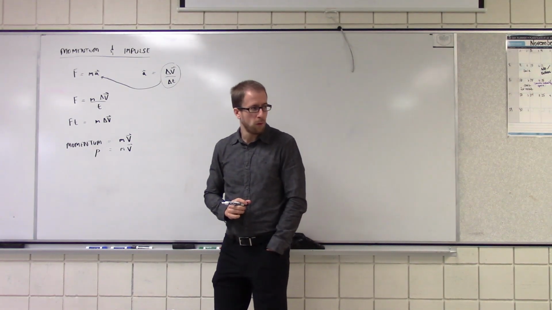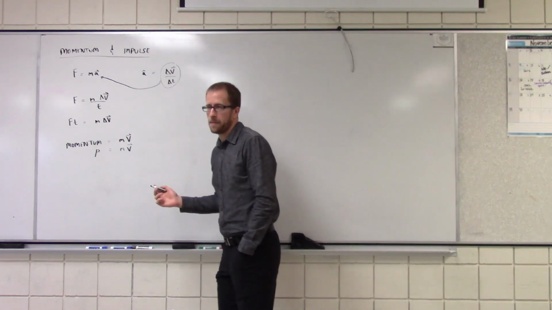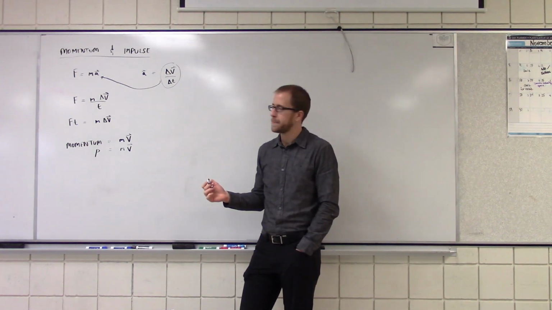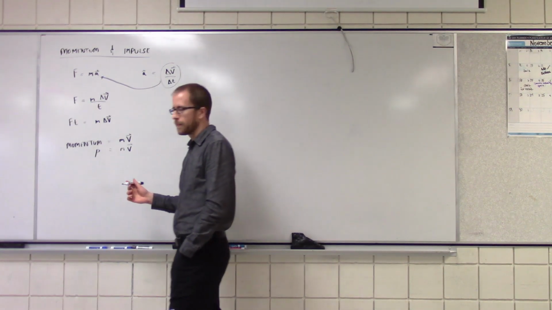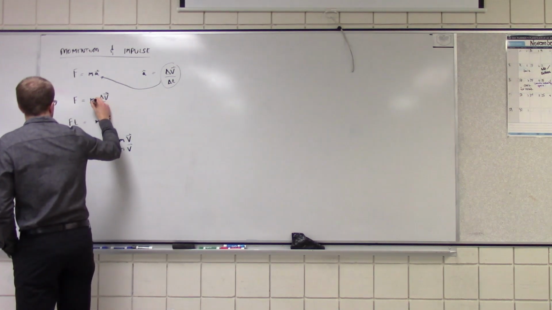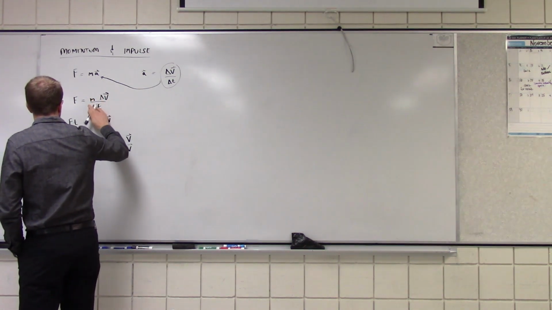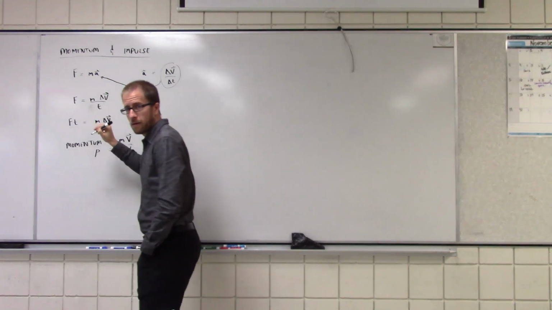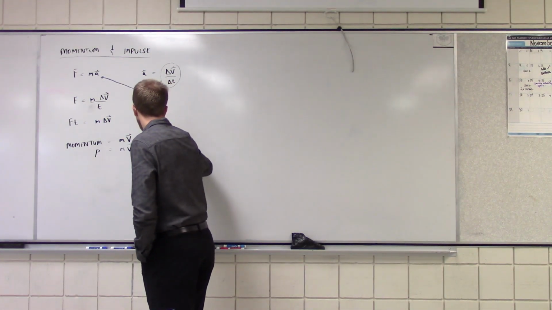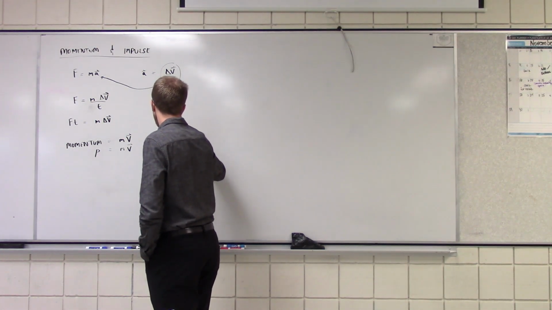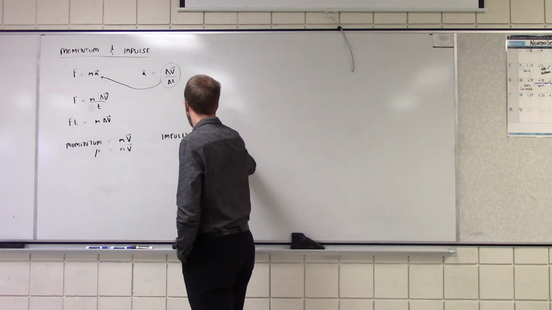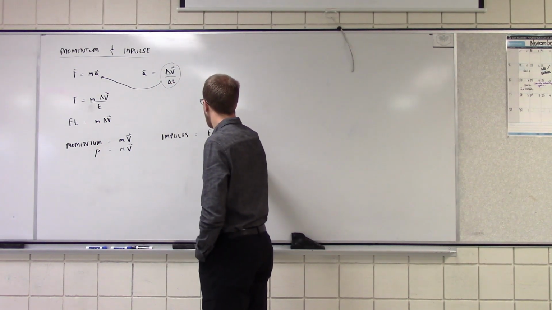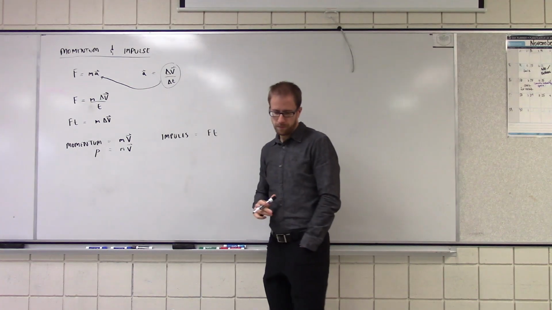Our formula for impulse is going to be what? It's going to be the other one. I heard it. Force times time? Yeah. Our impulse is going to be our force times time.